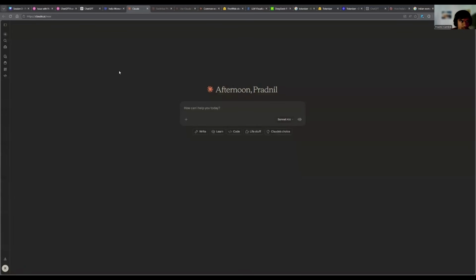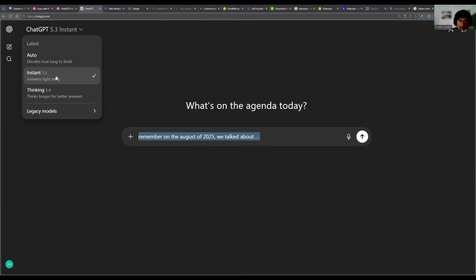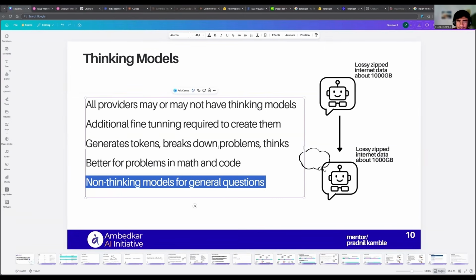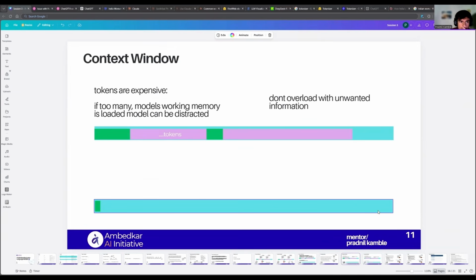For example, in ChatGPT, 5.3, I don't think, is a thinking model, but 5.4 is a thinking model. So for simple questions, for writing my emails, for general questions about the internet or about the world, I just use non-thinking models because they are fast and they don't fill up the context space that much.